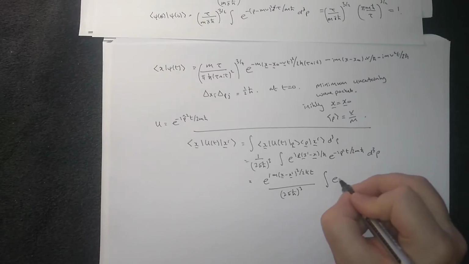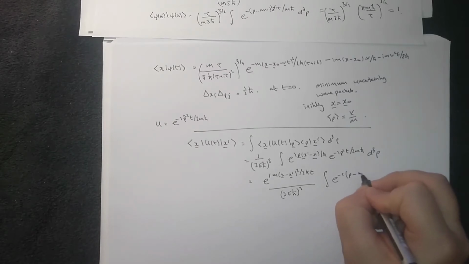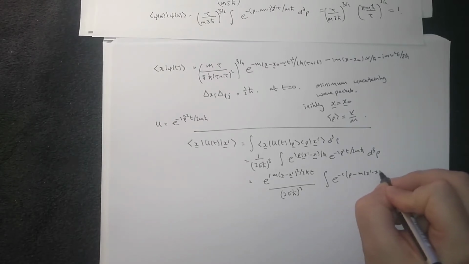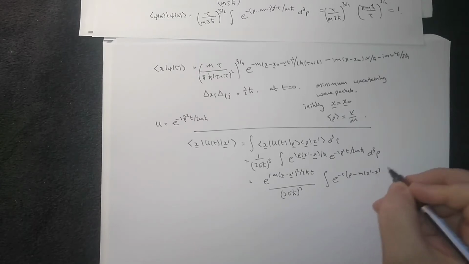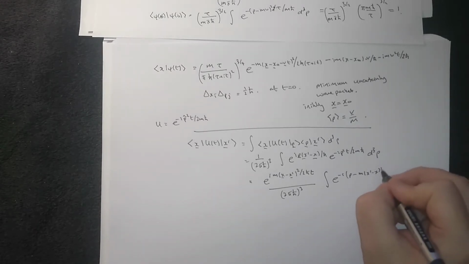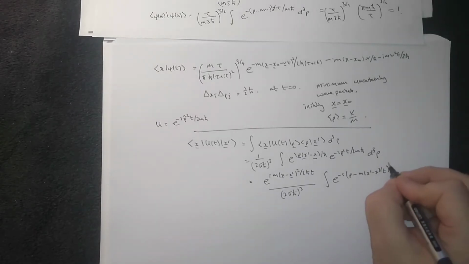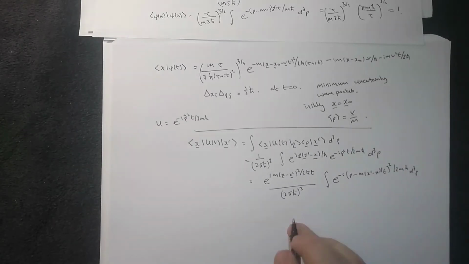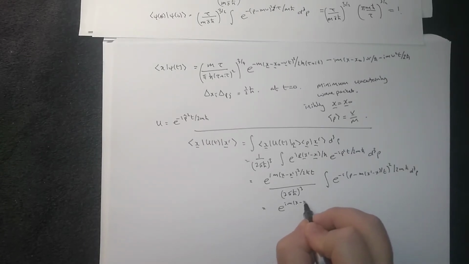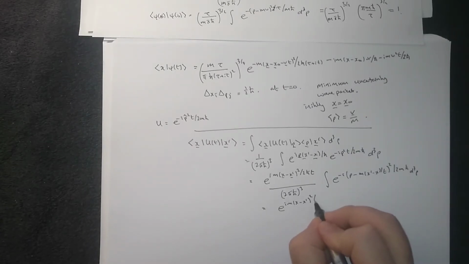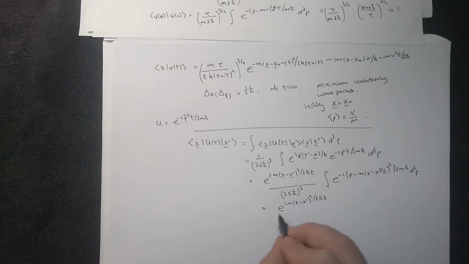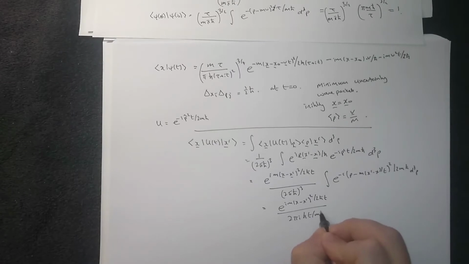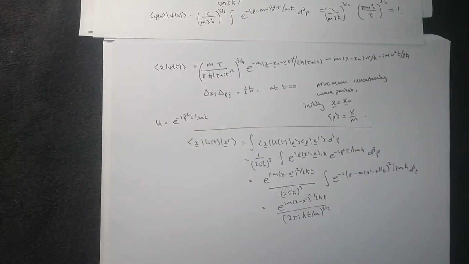The integral of e to the minus i p minus m x minus x prime divided by t, all squared divided by 2m h bar d3p, and that's e to the i m x minus x prime squared over 2h bar t divided by 2 pi i h bar t over m, all to the power 3 over 2.